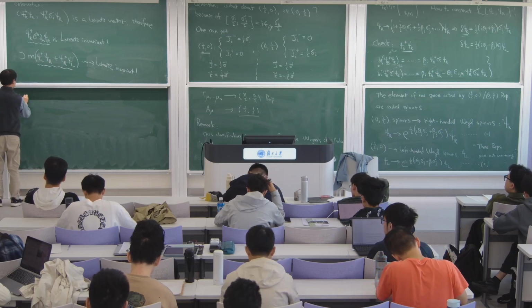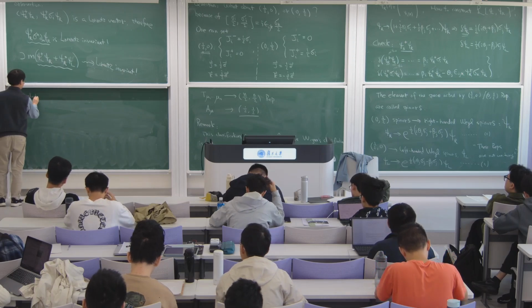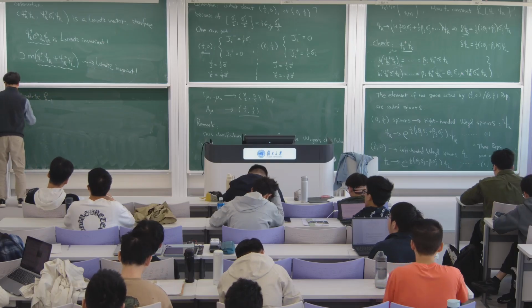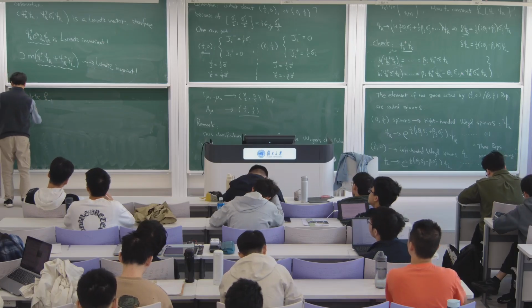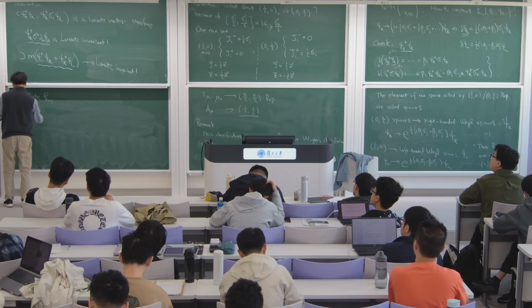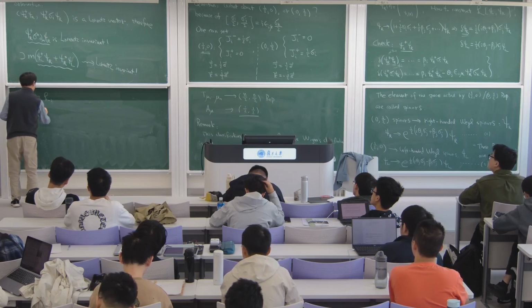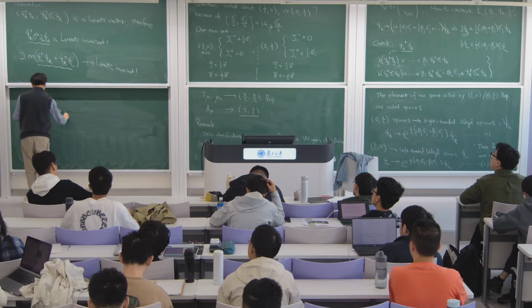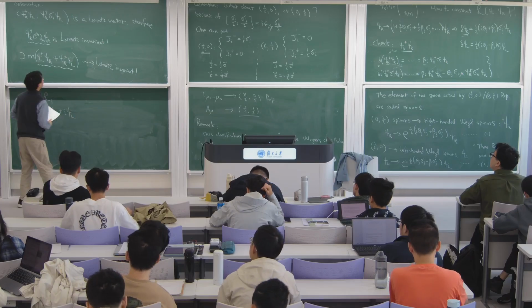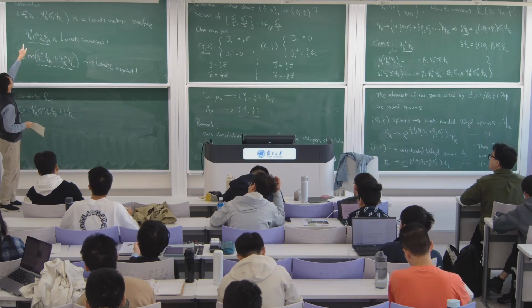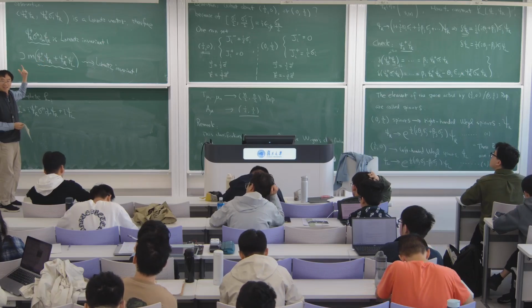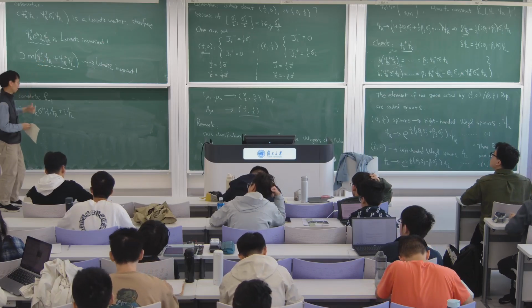So the complete Lagrangian will be something like this. i psi_R dagger sigma^mu partial_mu psi_R plus i psi_L dagger sigma bar^mu partial_mu psi_L minus m (psi_R dagger psi_L plus psi_L dagger psi_R). I only discussed in detail the right-handed spinors, but it's the same story for the left.